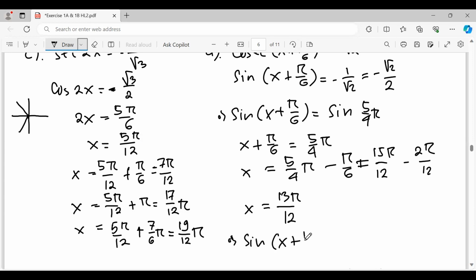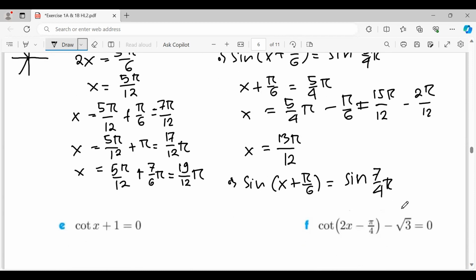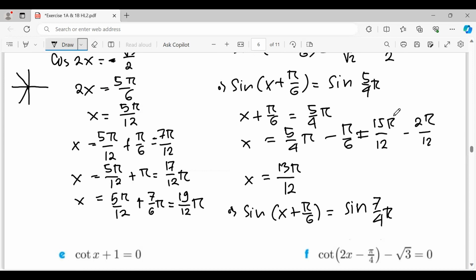Sine of x plus π/6 as well equals sine 7/4 π. I have to move around here, so I will clean this area.